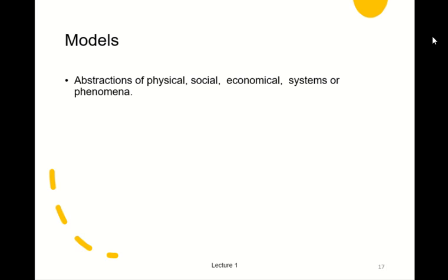E equals mc squared. This is a model. This model tells me how much energy you will have when the mass is this much and the speed of light is this much. So a model gives you something.